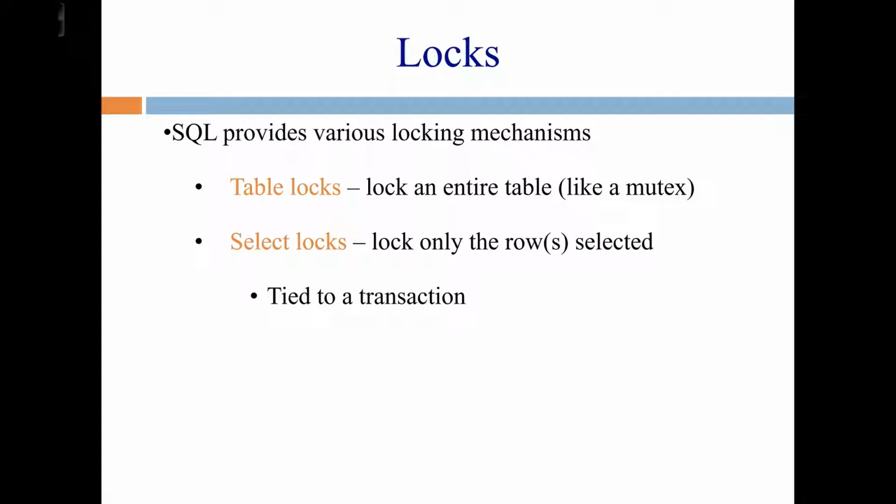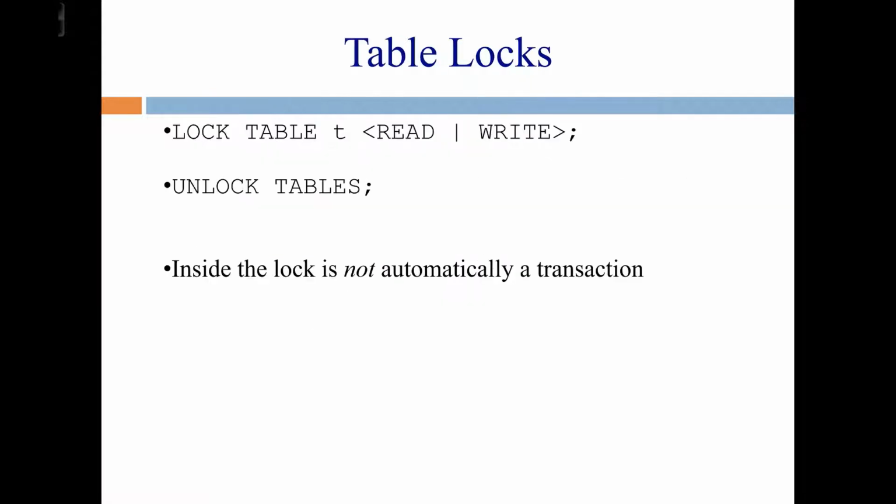And then select locks, where we can only lock the rows that we need to select. So instead of locking the whole table, we can just select a few rows for locking, and then we can do whatever we need with them. And select locks are tied to a transaction. Table locks are not. So let's see how that works.